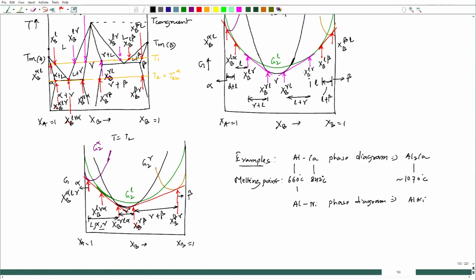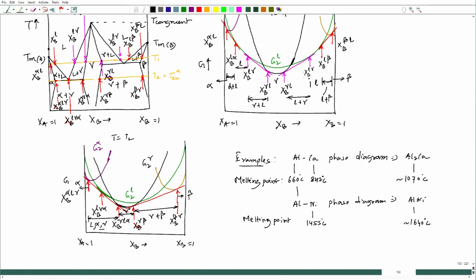Here also it is the same. Nickel melts at around 1455 degrees Celsius, and this phase has a melting point around 1640 degrees Celsius.